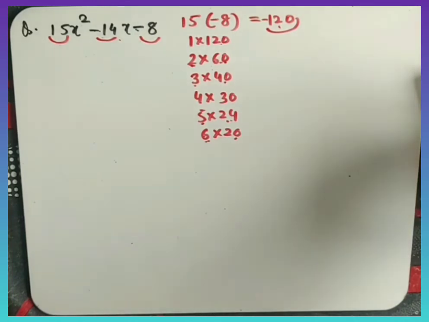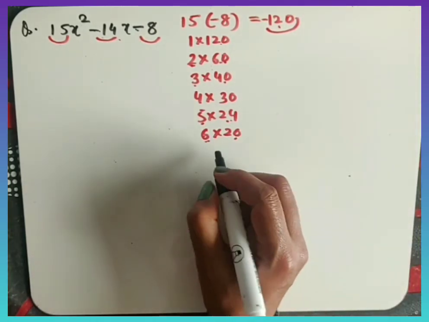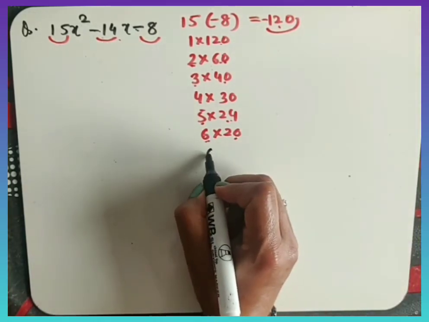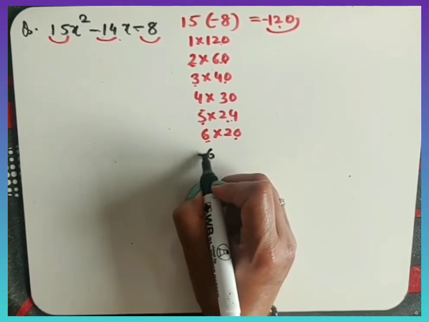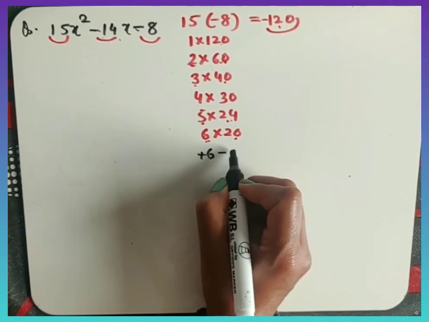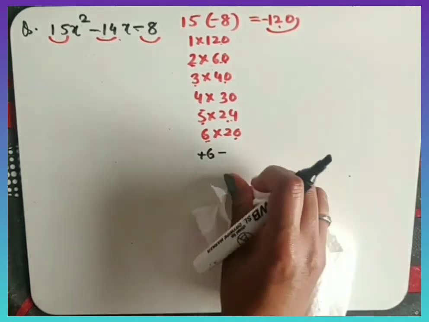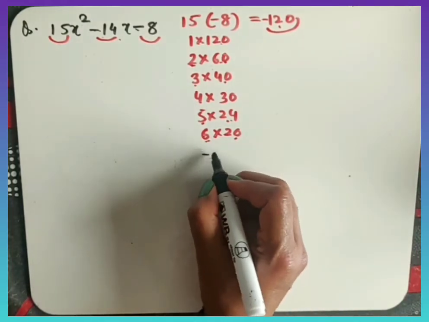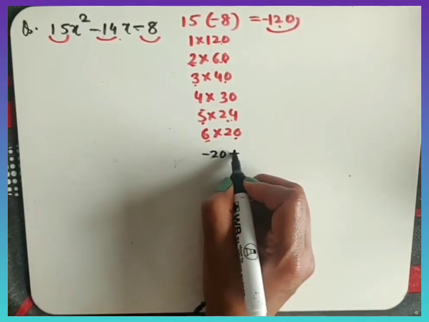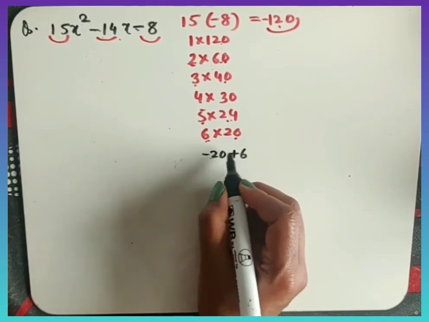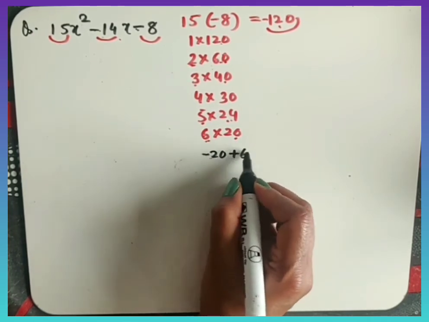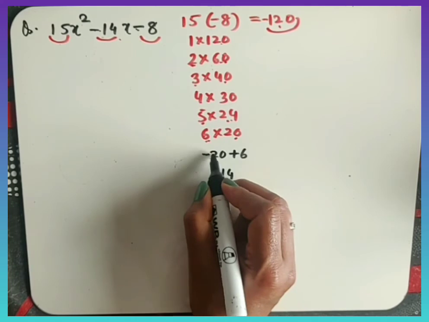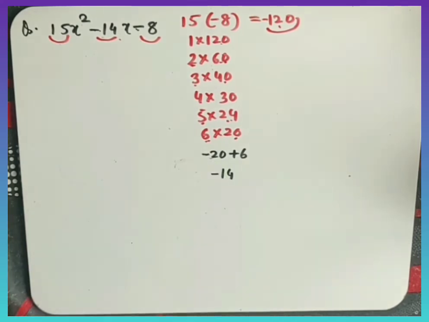Arrange it this way: minus 20 and plus 6. So two different signs are there, we have to subtract. 20 minus 6 is 14, but with the minus beside the bigger number it will give me minus 14. So this problem is solved.